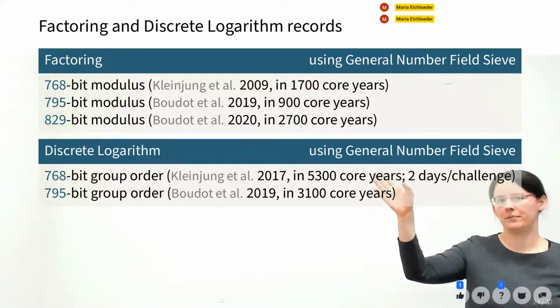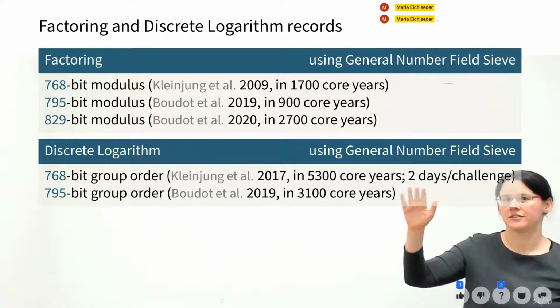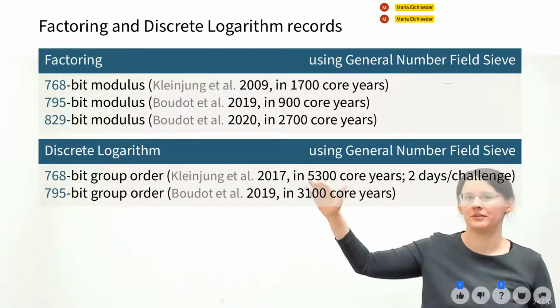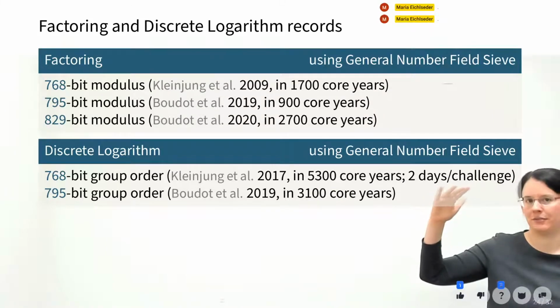At least for the pre-computation part, the actual challenges are a lot faster. So the people who have done these pre-computations here can now solve every new challenge in this group much faster.